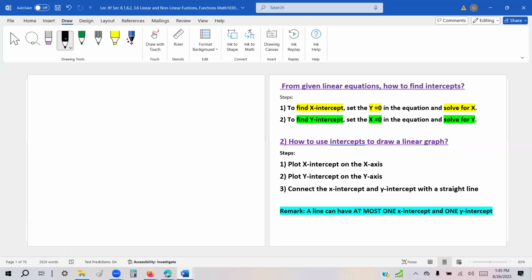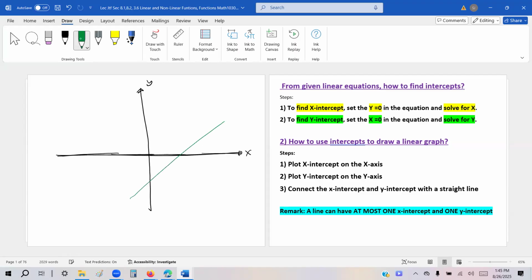It is better than plotting some points. In this method, we find the x-intercept and the y-intercept. So let's see. This is our x-axis, this is our y-axis. Now, the x-intercept is the point where you cross the x-axis. So if you have a line this way, you're crossing the x-axis through here. Let's say this is 1. Then your x-intercept is x equals 1.